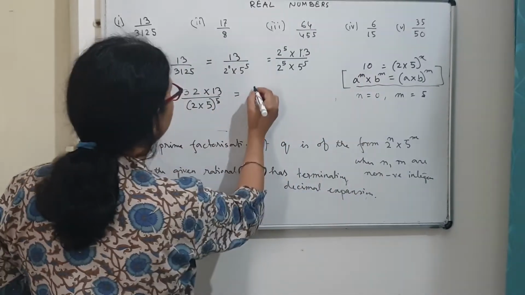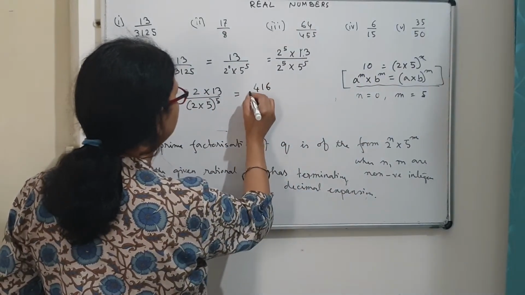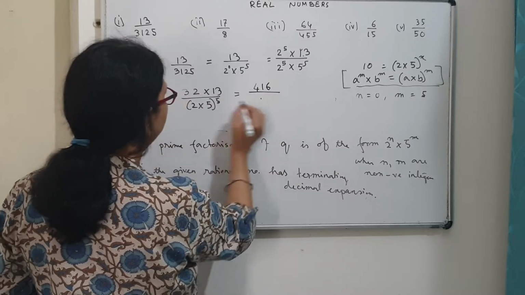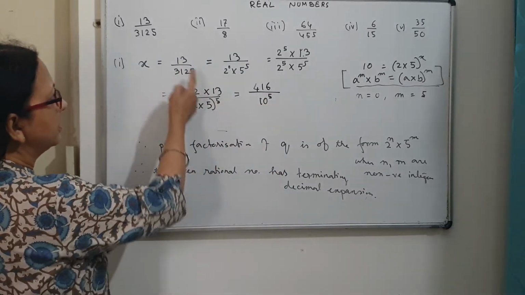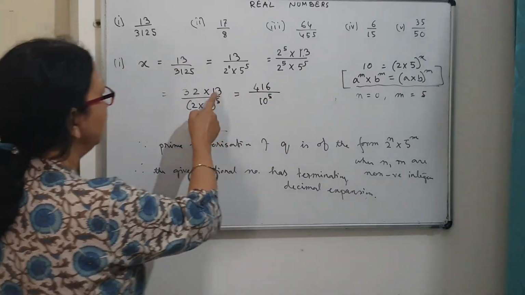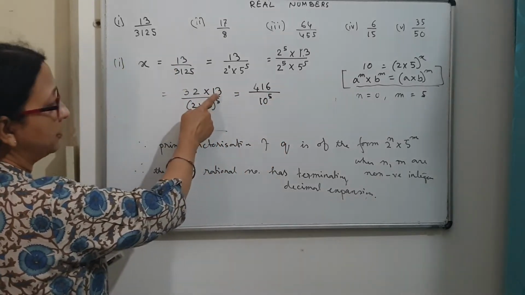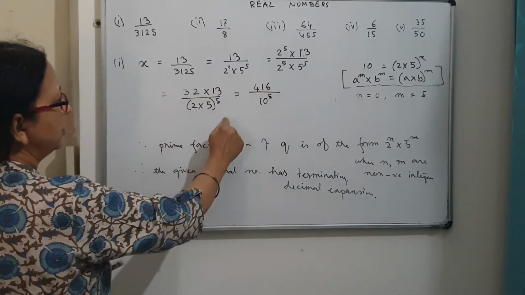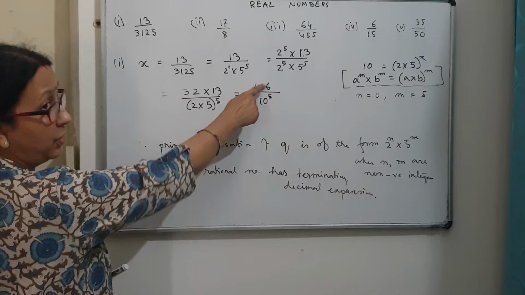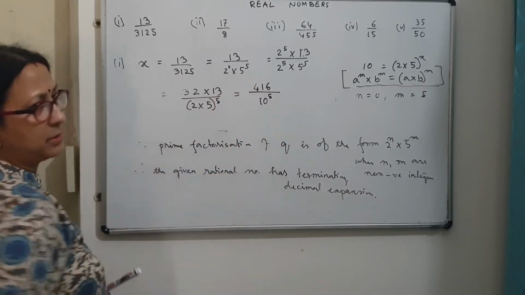So 32 into 13 is 416. This multiplication you have to do, and as you know, 2 into 5 is 10, so 10 to the power 5. As you know, multiplication is easier than division, so you can do the multiplication. And I told you to remember all the tables up to 19, so 13 into 32 very easily you can do. 13 into 2 is 26, 2 is left, and 13 into 3 is 39, plus 2 is 41. So very easily we can do the multiplication.